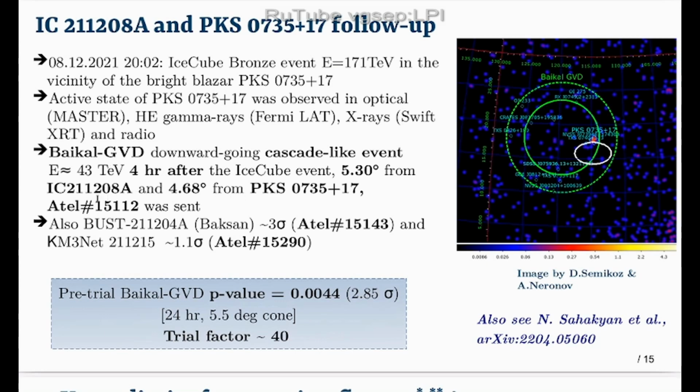And we sent an astronomical telegram about this. Also, the Baksan Neutrino Observatory and KM3NeT sent astronomical telegrams too. The per-trial Baikal-GVD p-value for this event was 2.85 sigma. But we should take into consideration that the trial factor for this event was 40.